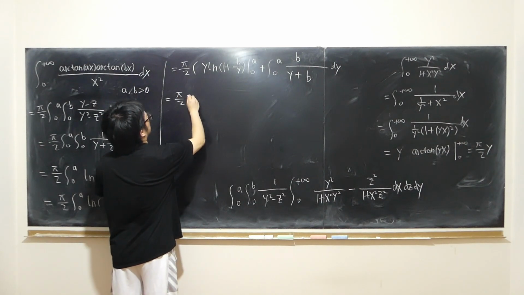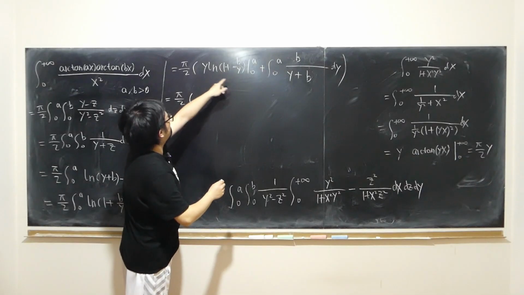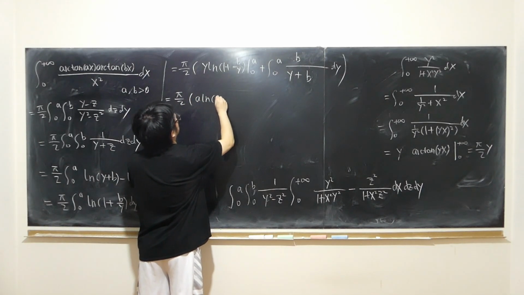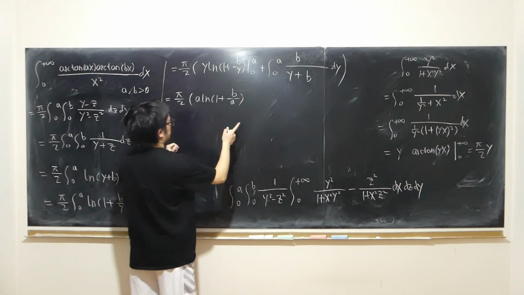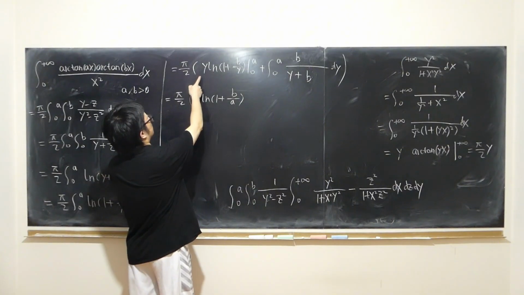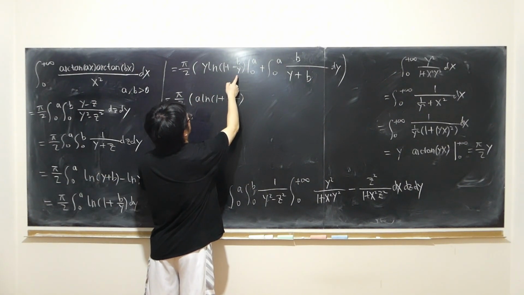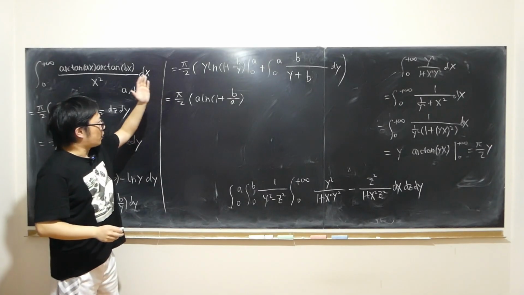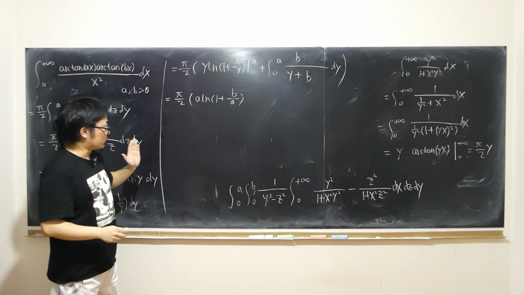So right now we have what? All right, I say plug a into here. a times log 1 plus b over a, minus y becomes 0, log 1 plus b over 0, log positive infinity. If it's 0 times positive infinity, but log positive infinity grows very slow.